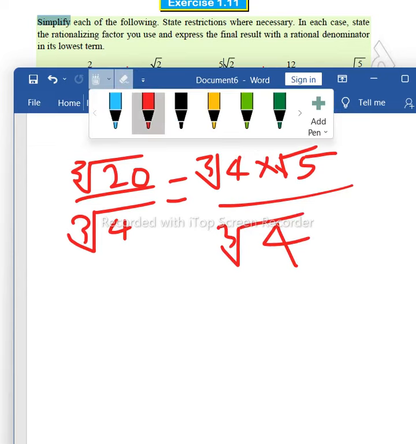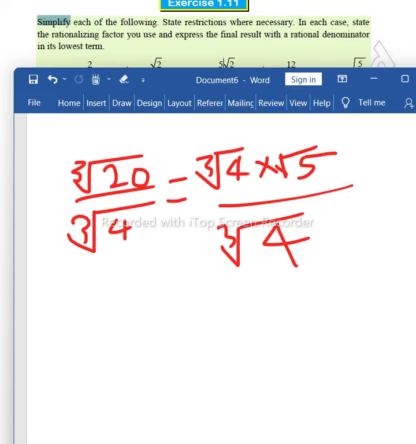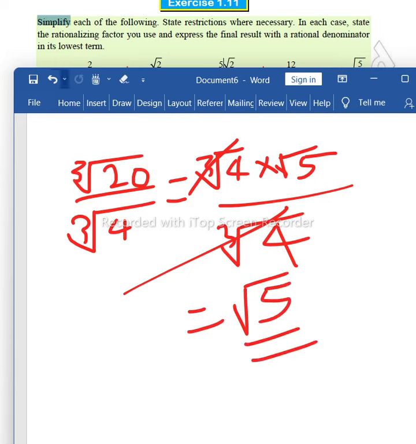We can cancel cube root of 4 by cube root of 4, and we get cube root of 5. So this is the final answer for this question.